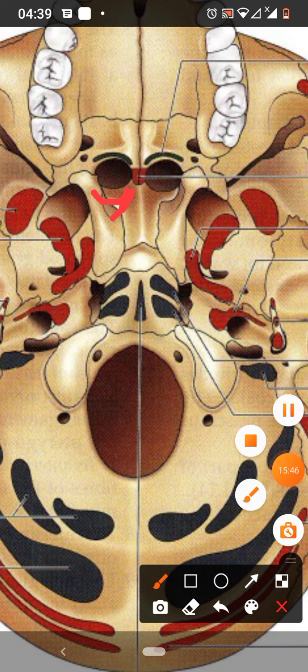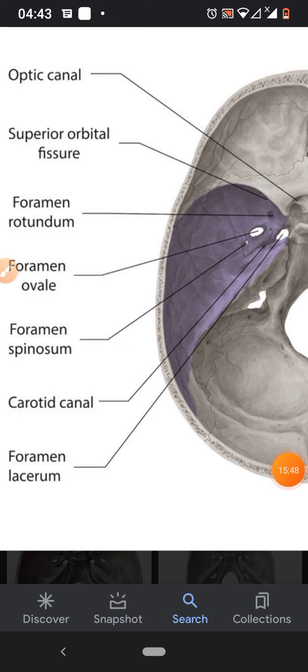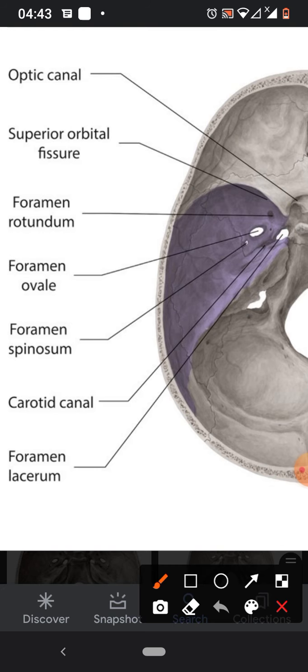So I have opened this picture for you to show you the structures which are passing through the different foramens. First we will discuss the structures passing through this oval shaped foramen, the foramen ovale. From the foramen ovale, MALE is passing.